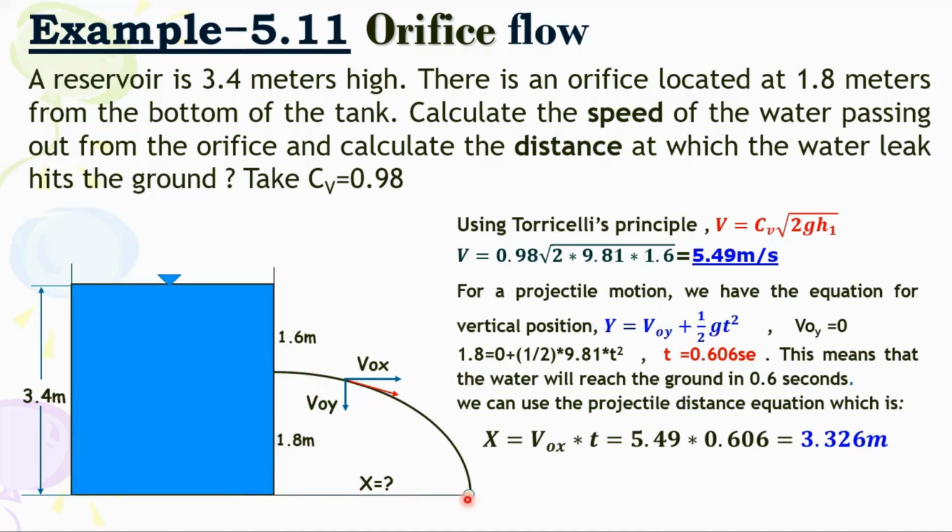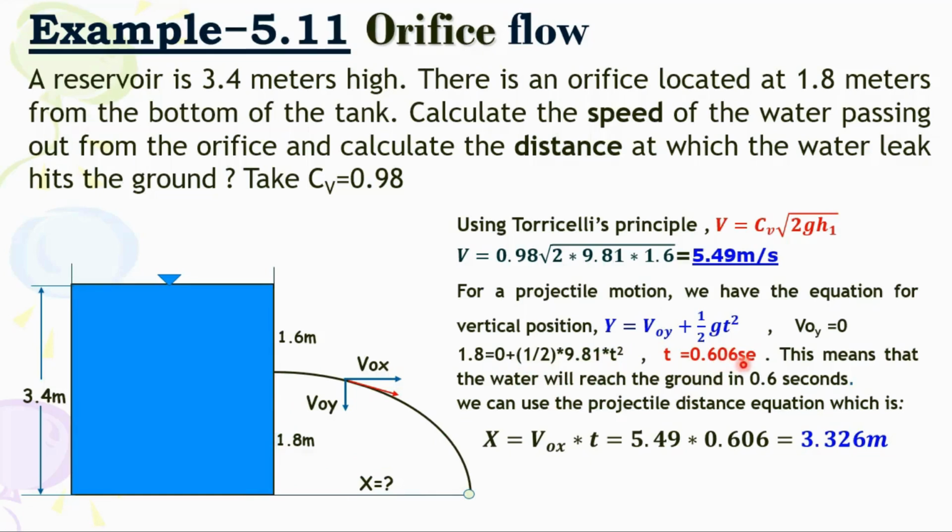Then the x distance will be calculated. So substitute. Already you have 1.8 from the bottom given for this orifice. So substitute 1.8, then the initial velocity in the y direction is 0. The initial velocity in x you have, which is 5.49. After substitution, you can find the time to hit the ground due to this height, 0.606 seconds.